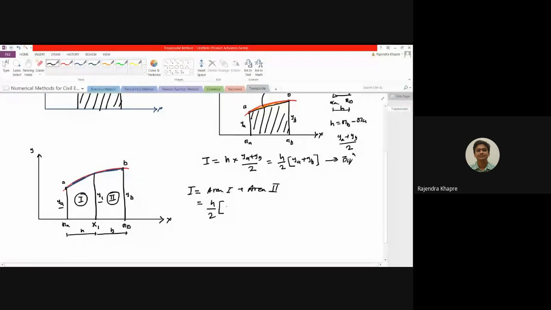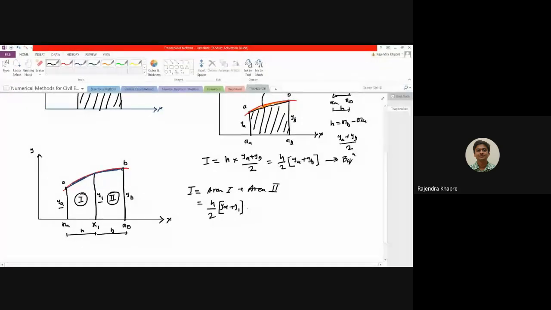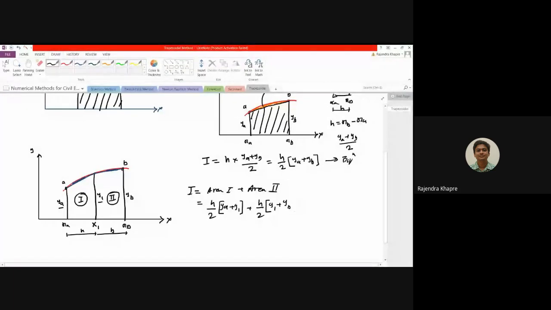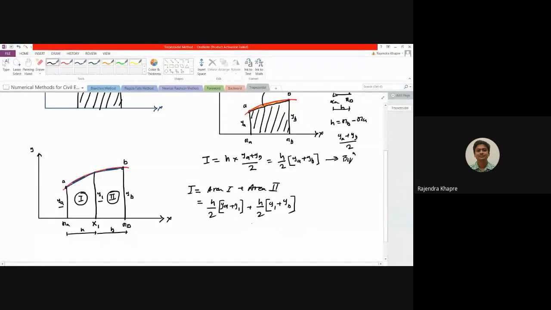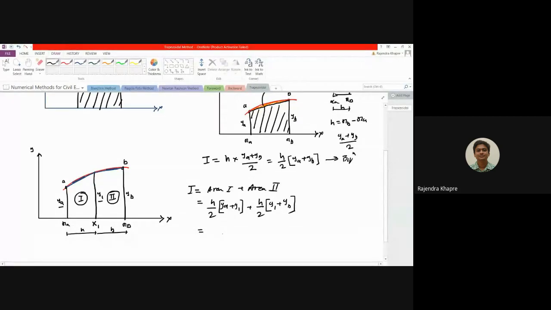So this will be ya plus y1. This will be the area of the first trapezoid. Then the area of the second trapezoid will be y1 plus yb. Is it okay?